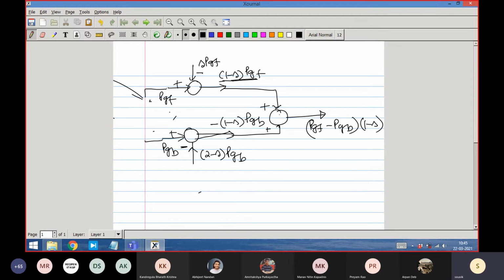Forward field has 1 minus S PG here, but it is giving something to the backward field to compensate for the copper loss, and therefore its actual output power is reducing. The forward field could have produced an output of 1 minus S, but because it has to compensate for the copper loss in the rotor with the backward magnetic field, the actual output power coming out of the machine is reducing.